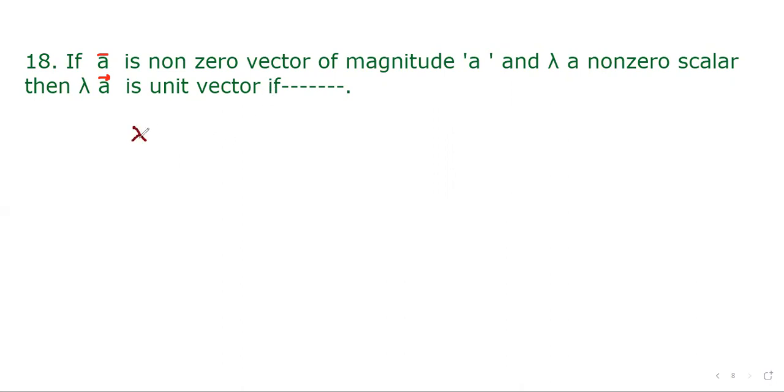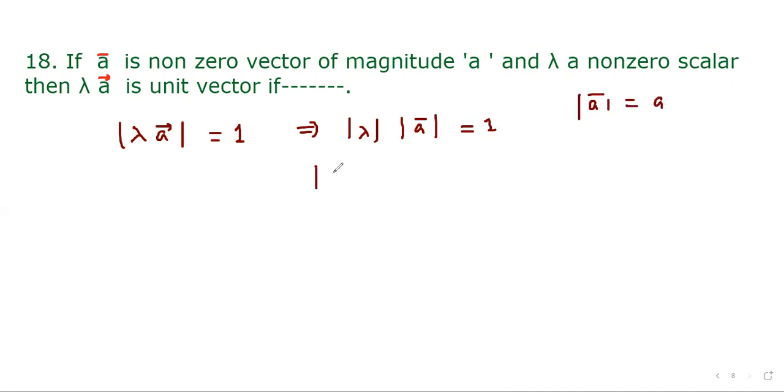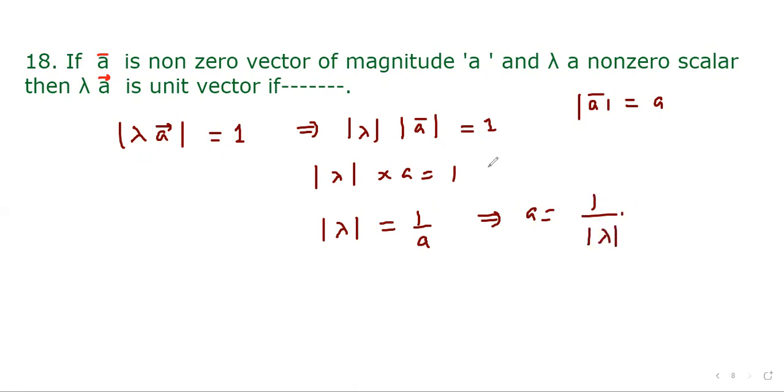So the condition is that modulus of lambda A must be unity if it is a unit vector, or we can say modulus lambda times modulus A must be equal to 1, and the modulus of vector A can be written as A. So modulus lambda times A equals 1, or modulus lambda will be 1 upon A, or A equals 1 upon modulus lambda, which is the correct option.